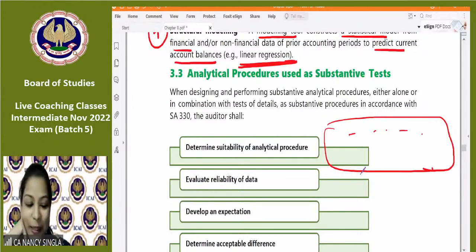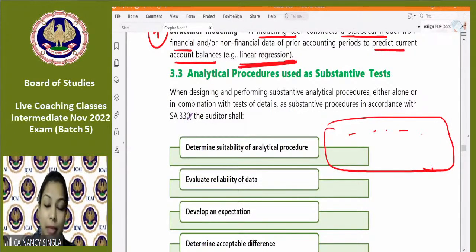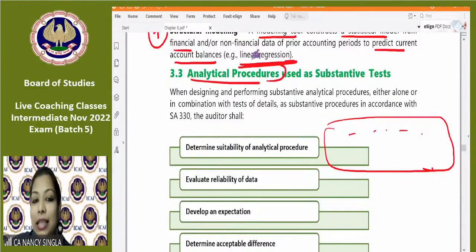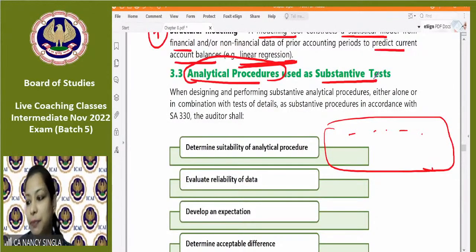Okay, so now earlier we discussed various factors, that what are the factors the auditor has to consider when he's deciding whether to use test of details or analytical procedures or both. We saw availability of data, disaggregation and various factors. Then we saw what are the techniques available. Now in this topic, the auditor has decided that he is applying analytical procedure as a substantive test.